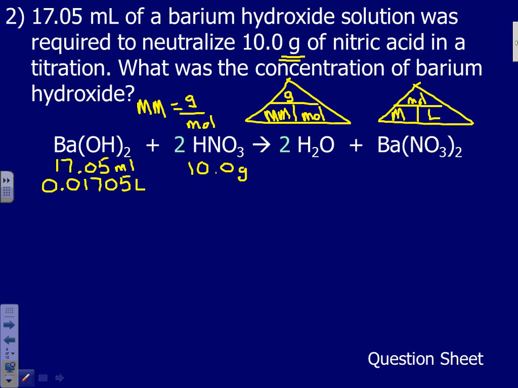So in this case over here, we're going to need our molarity is equal to moles per liter. So it's this side that we need, the moles per liter this time. We're going to go down to moles and over to moles. Again, X.